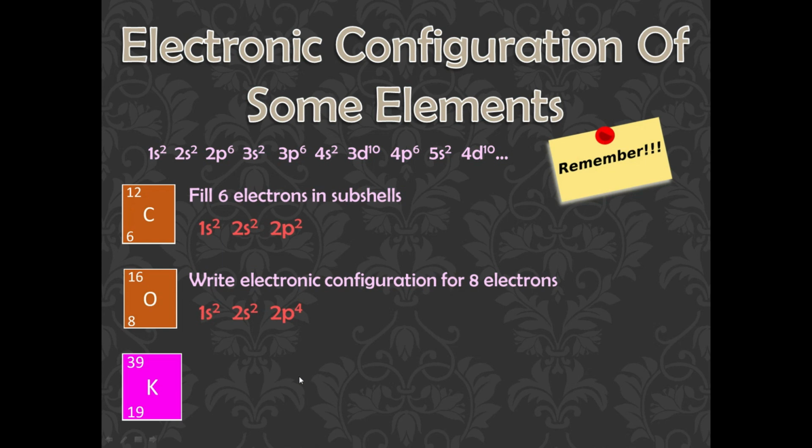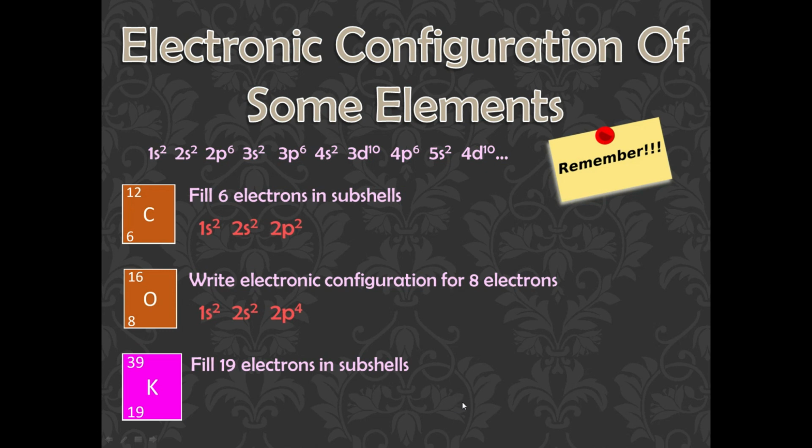Let's see another example of potassium with atomic number 19. Means now you have to fill 19 electrons in these subshells. You will follow this sequence for filling 19 electrons.